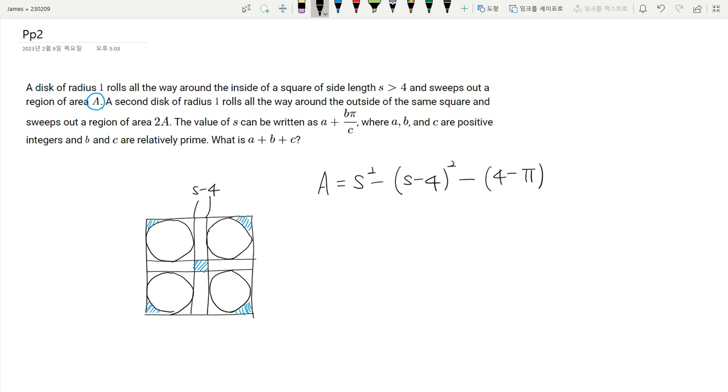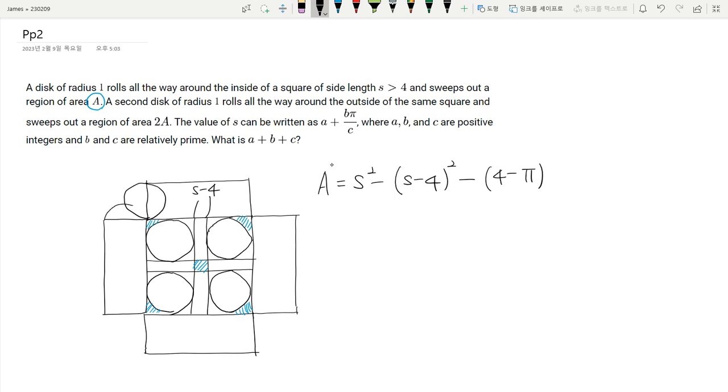And for the outside, a circle will move around on this square, and at the corner, it turns like this.